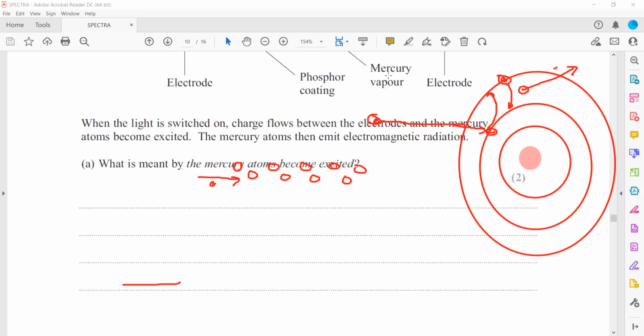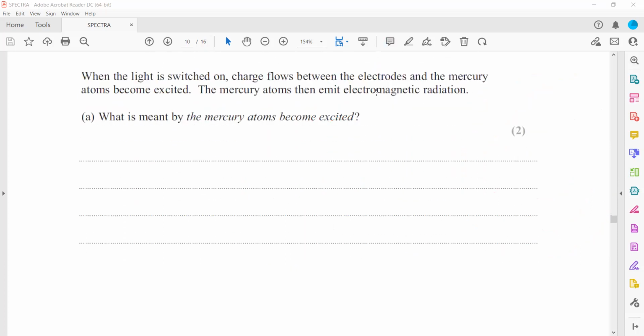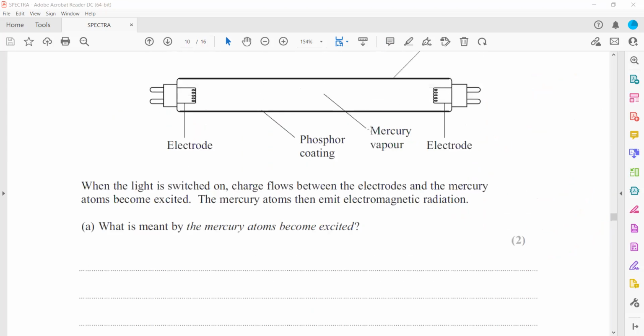So the question is, what is meant by a mercury atom being excited? The definition: an atom being excited means the atom or electron gains energy and the electron moves to a higher energy state.